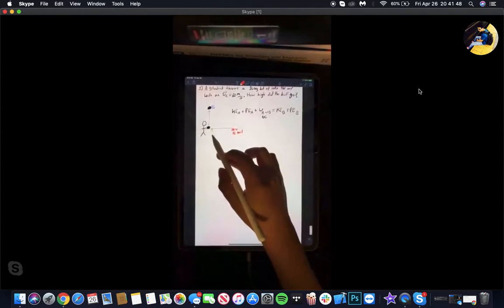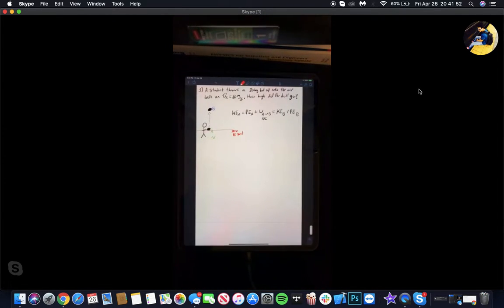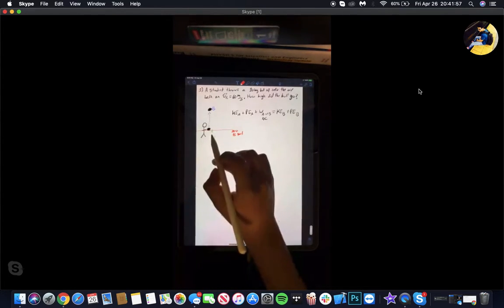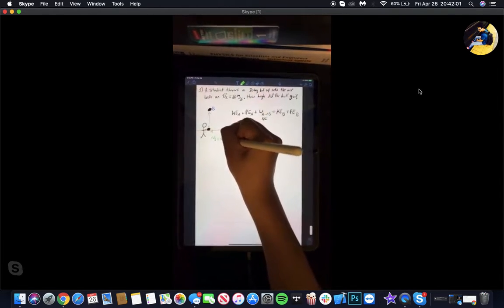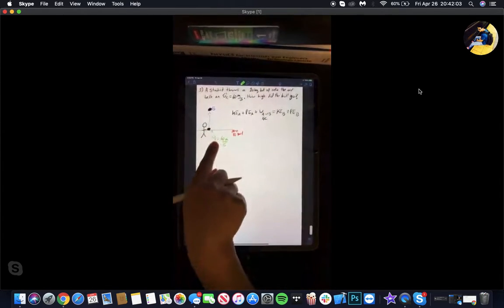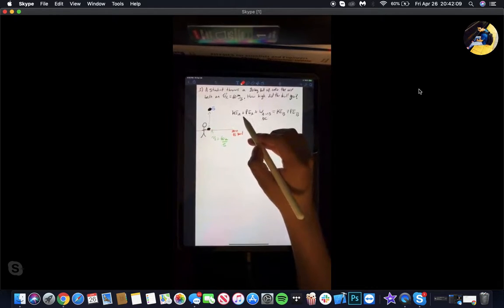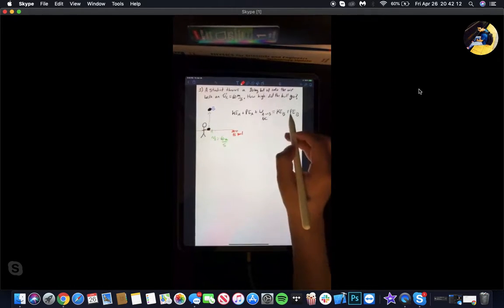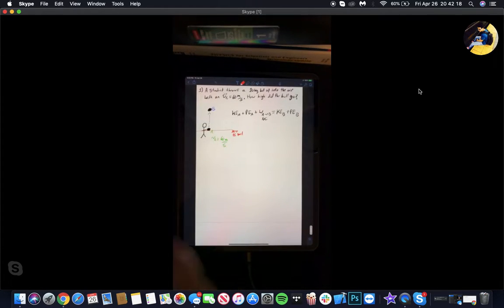So at A, V initial is 60 meters per second, so it is moving. A is V initial, and B is V final. So there is kinetic energy, and we can't eliminate that.